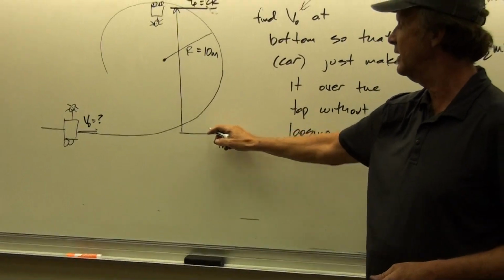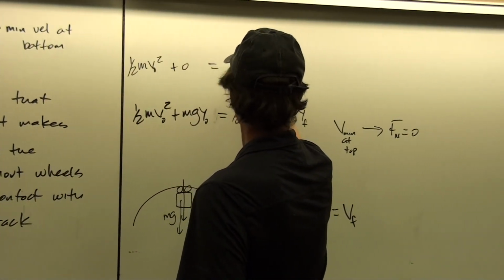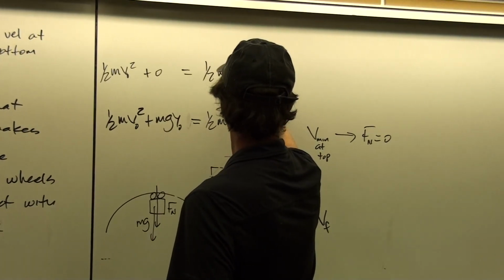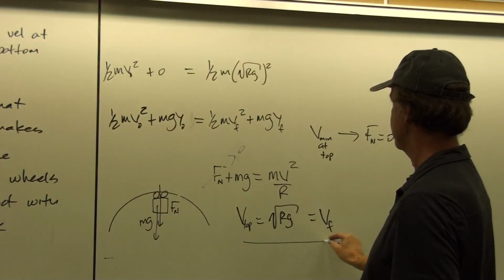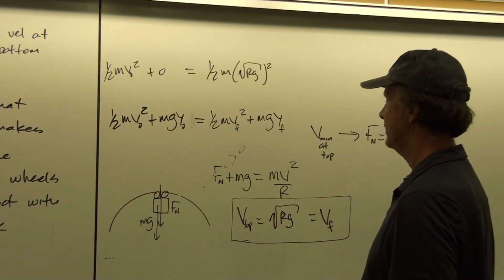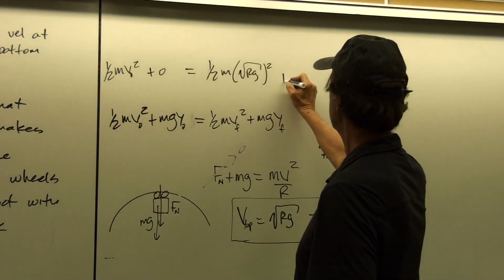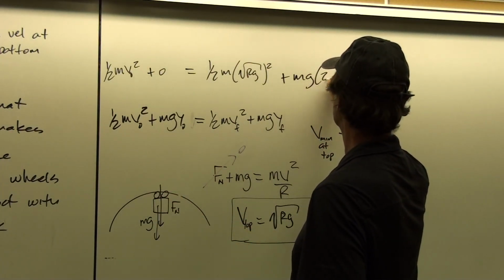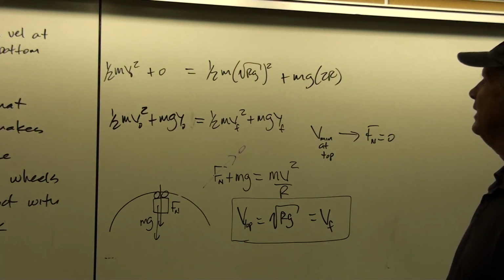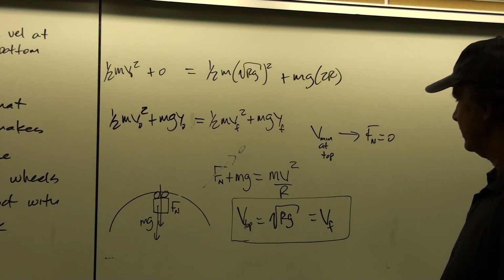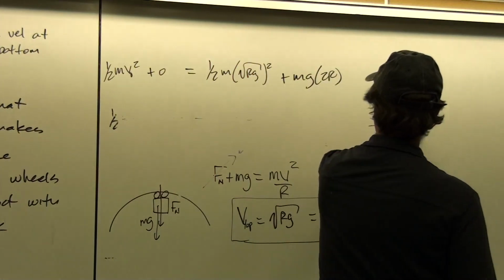The bottom here is our 0 reference position, equals the final 1/2 m times square root of Rg squared, because that's V final at the top, so that the normal force just goes to 0 there, but nowhere else, plus mg times 2r. That's our y final. Okay? And so now we can go through and simplify a little bit.